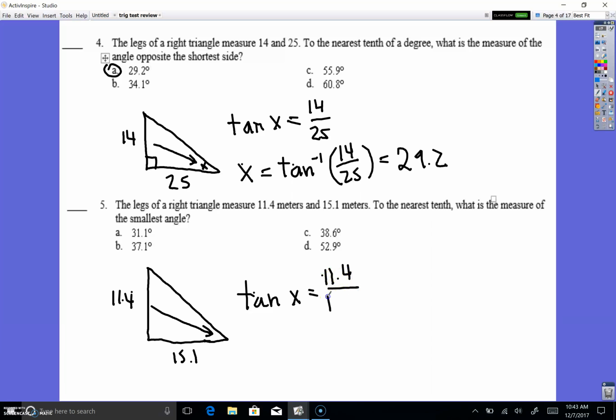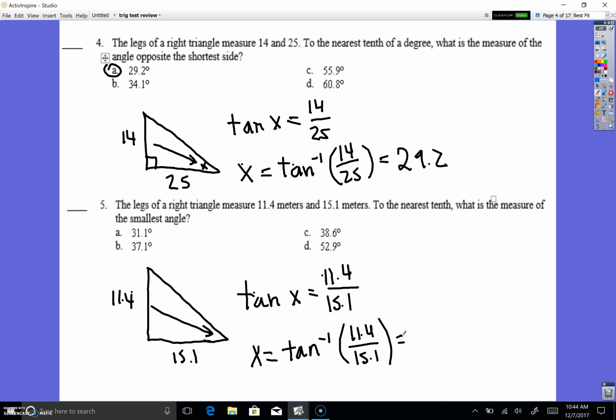11.4 over 15.1. Remember again, finding angle, you use the inverse. So tangent negative 1 is equal to 11.4 over 15.1.